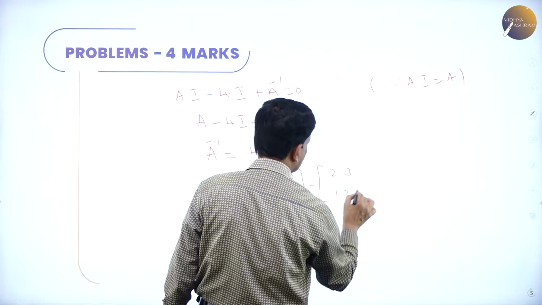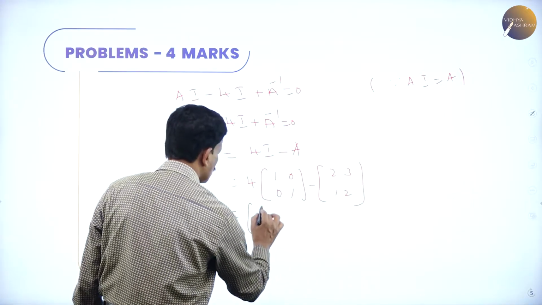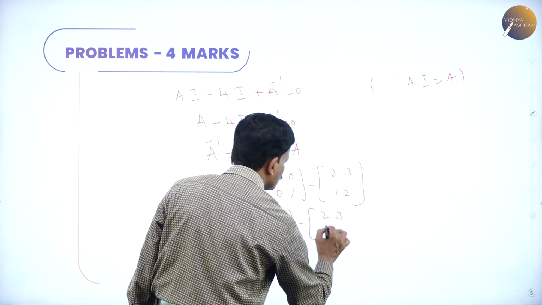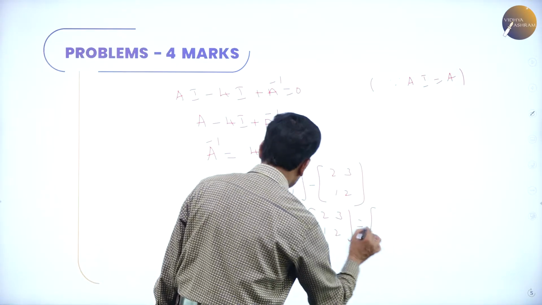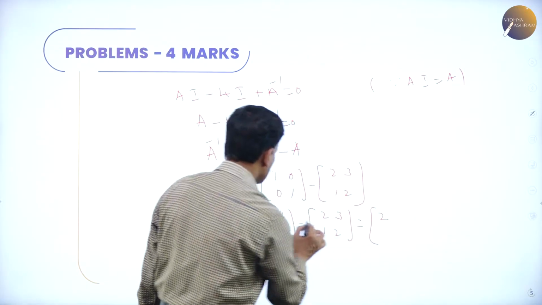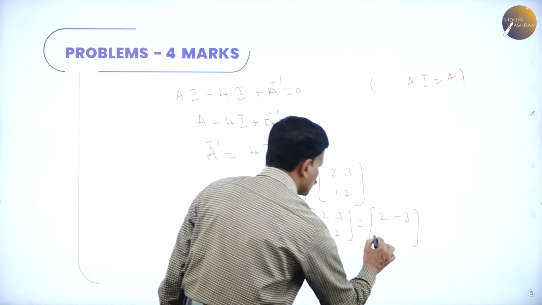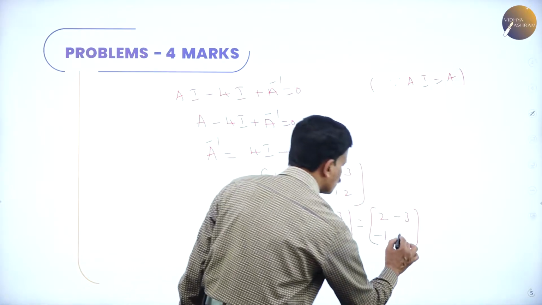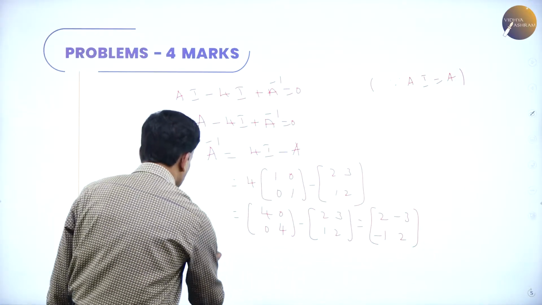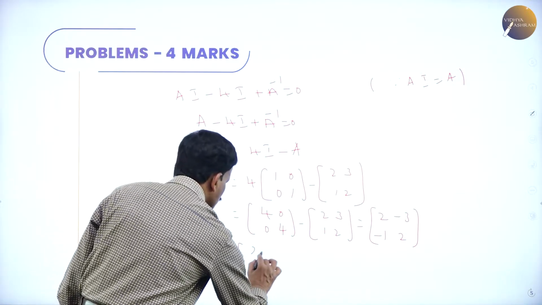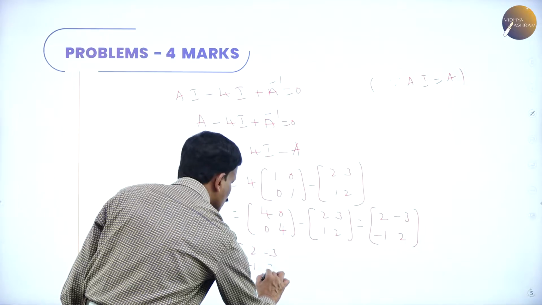Simplify this: 4, 0, 0, 4 minus 2, 3, 1, 2. 4 minus 2 is 2, again 0 minus 3 is minus 3, again 0 minus 1 is minus 1, 4 minus 2 is equal to 2. So therefore A inverse is equal to 2, minus 3, minus 1 and 2.